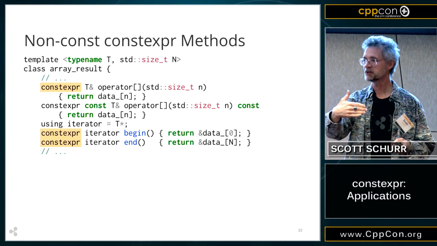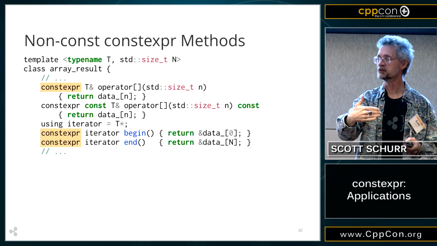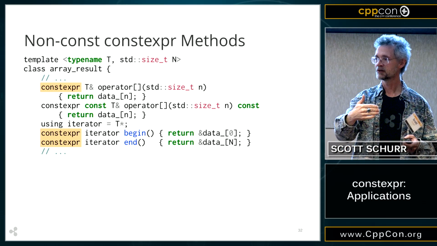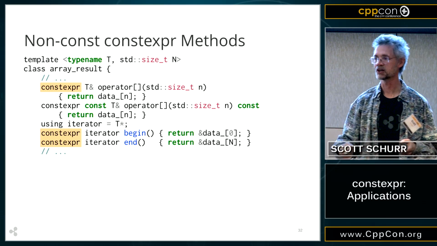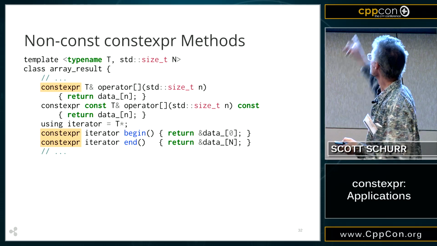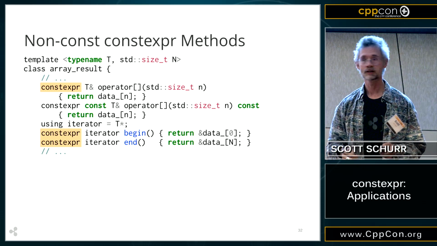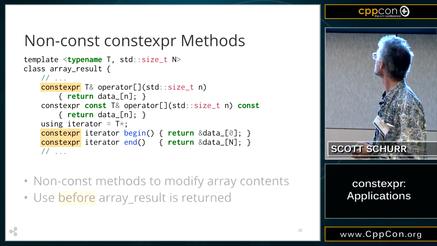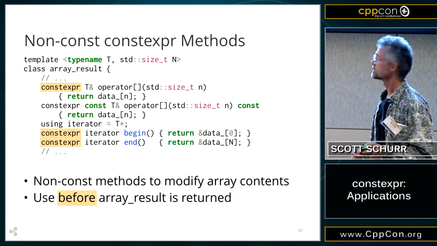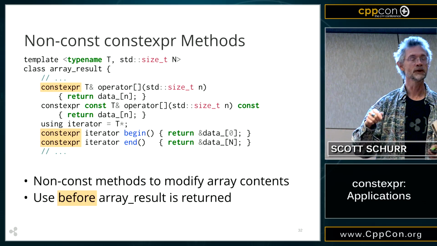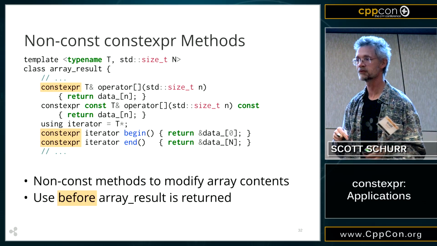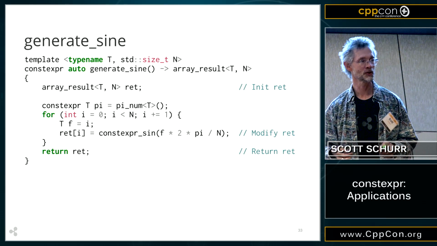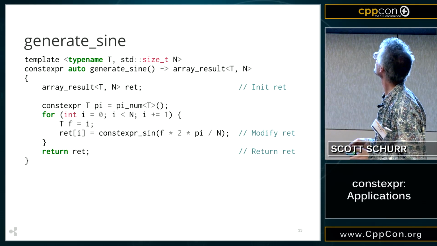It's a question of when the C++ interpreter finishes with it, that's when it gets locked in place. So we do have non-const constexpr functions, and we can only use those before the value gets returned. And the compiler will help us with that.